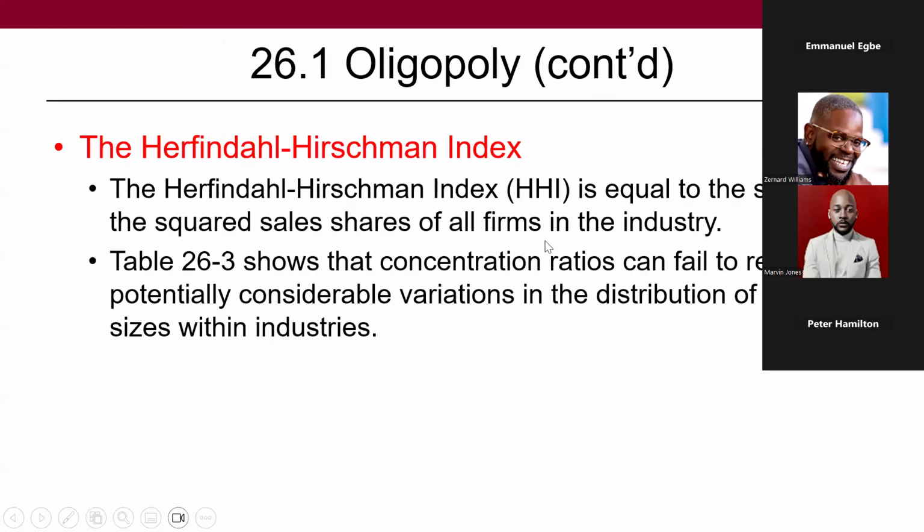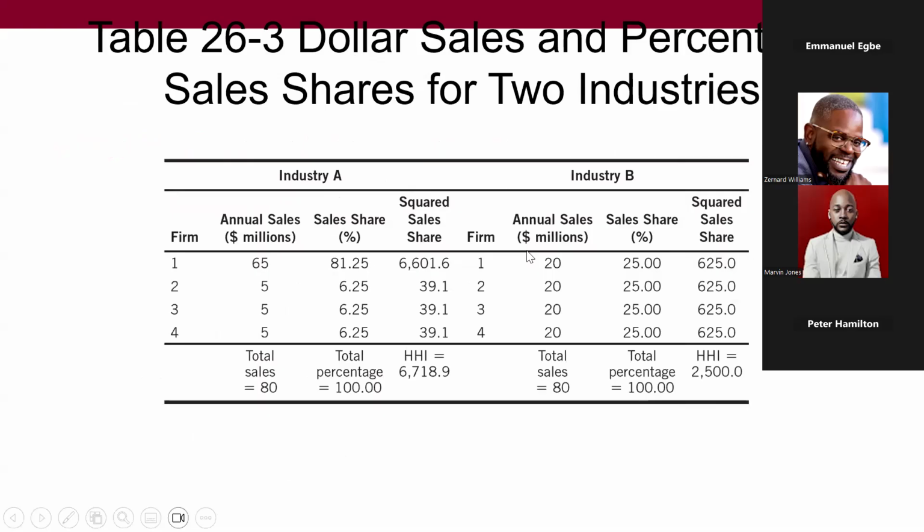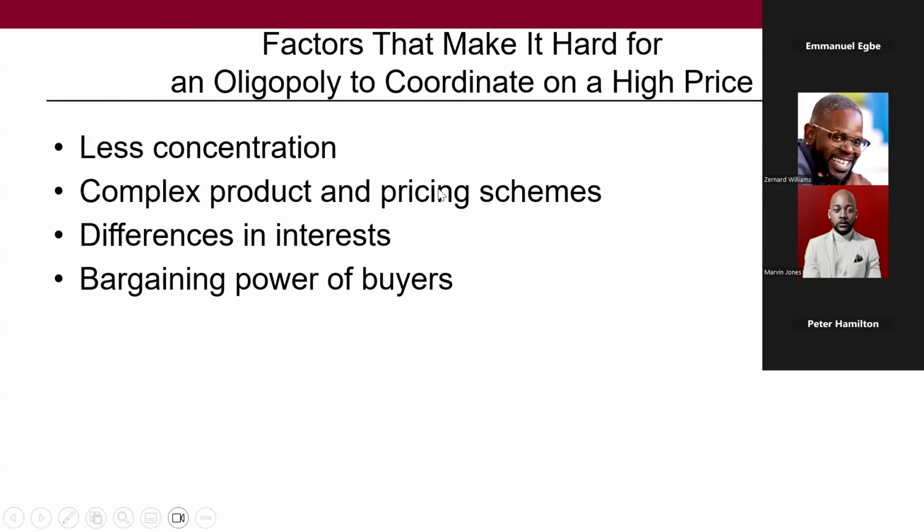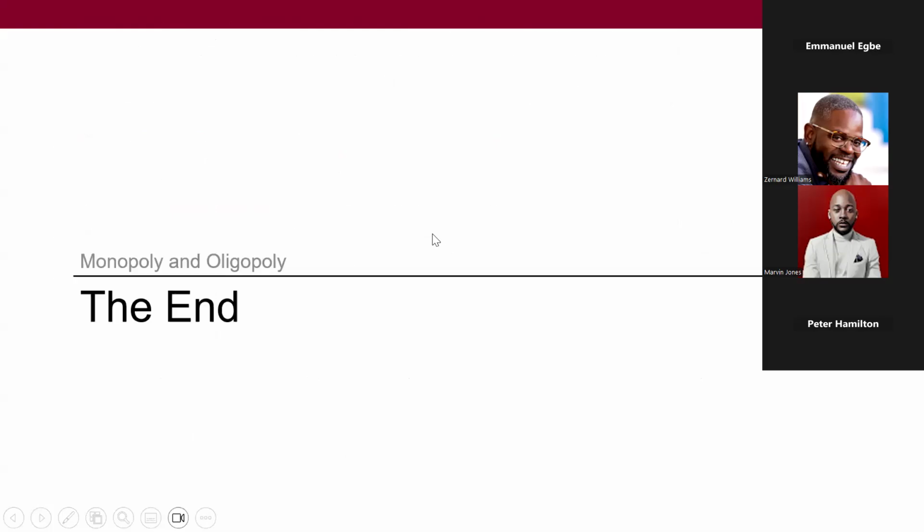There are different kinds of indexes. The Herfindahl-Hirschman Index is used as a measure of concentration in a market, and it drives policy approval. So this is a summary of the lecture, and it is what you need to read.